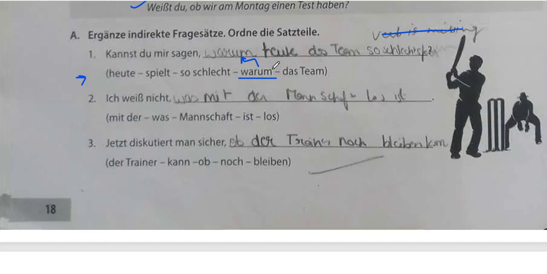Next, we know that the verb will be at the last, so spielt is the verb and it will come at the last. Now we have to put the rest in the middle: warum heute das Team so schlecht spielt? Why is the team playing so badly?